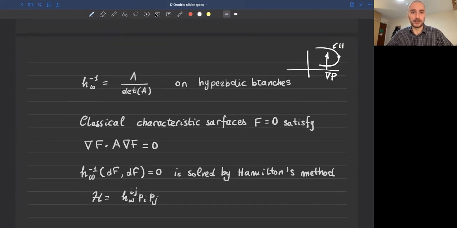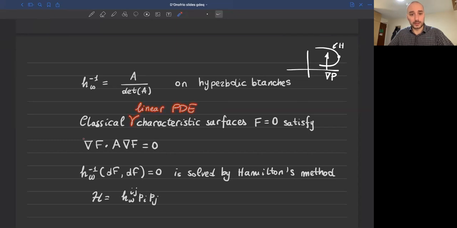This is the same as writing the adjugate of A. And we can now apply a definition which holds for classical characteristic surfaces, I mean, for linear partial differential equations.